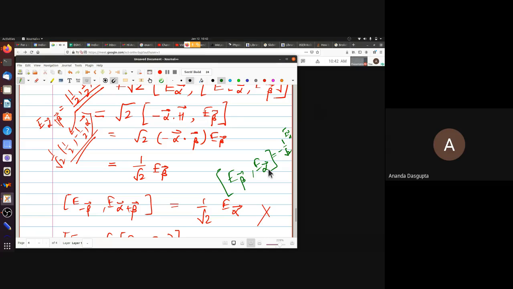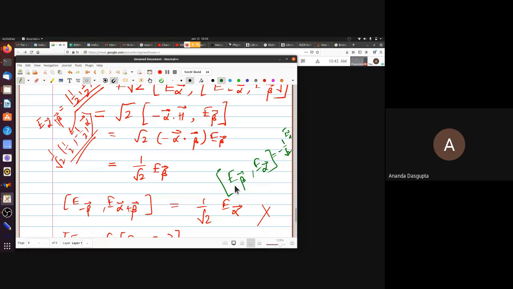I'm no Fermat, but anyway, the page is too small. But anyway, E alpha, E beta, I already have defined this as 1 by root 2 E alpha plus beta. That leaves me no choice but to say when I hit E alpha by the raising operator for beta's Lie algebra, I must get minus 1 by root 2 times E alpha plus beta.